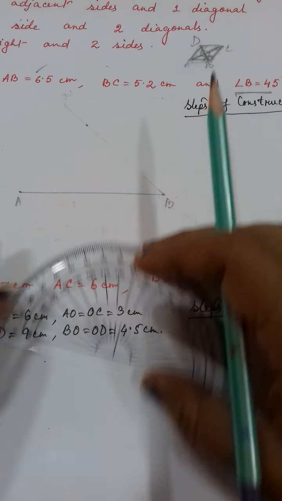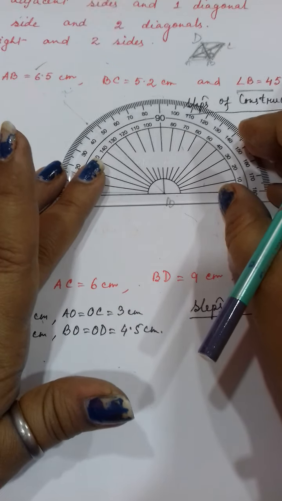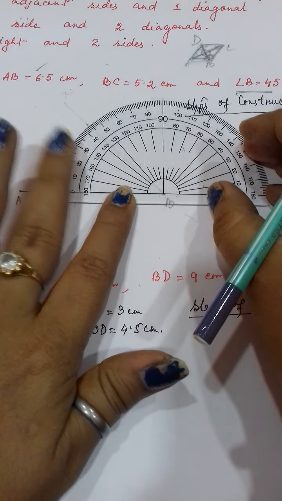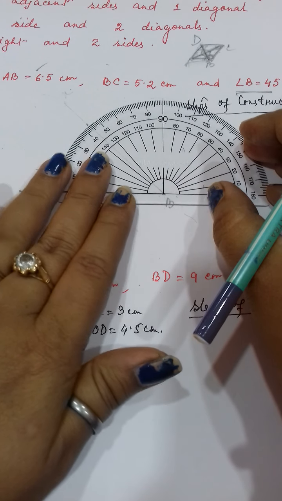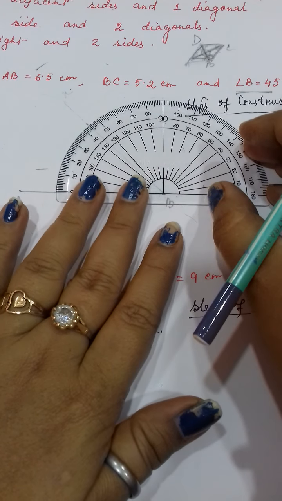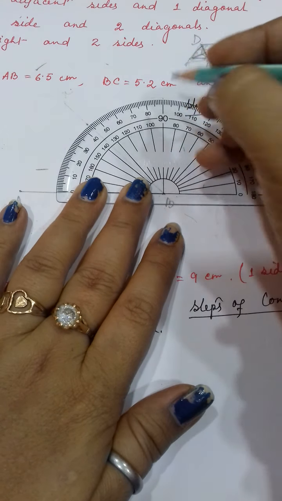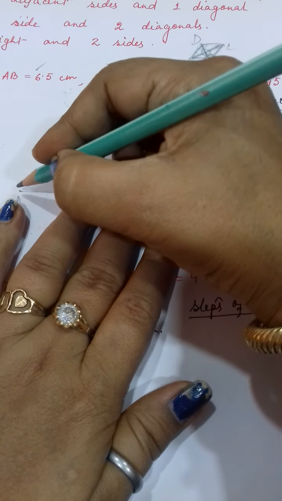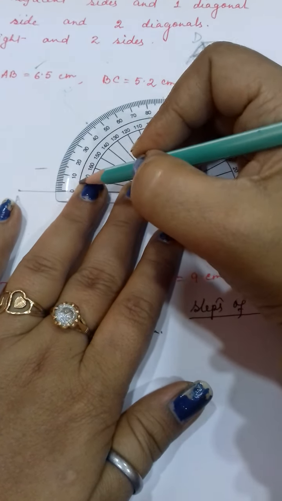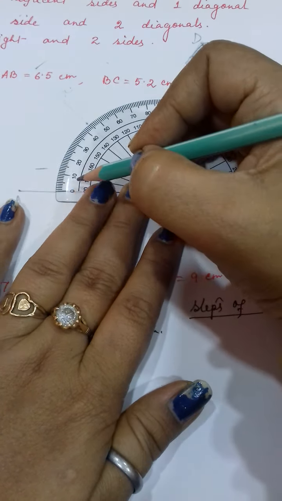After drawing this one, you construct an angle of 45 degrees at vertex B. Clear? So 45 degrees is what? It is an acute angle, less than 90 degrees. As B is the center over here, you will consider 0 from this side. So 45 degrees is here.